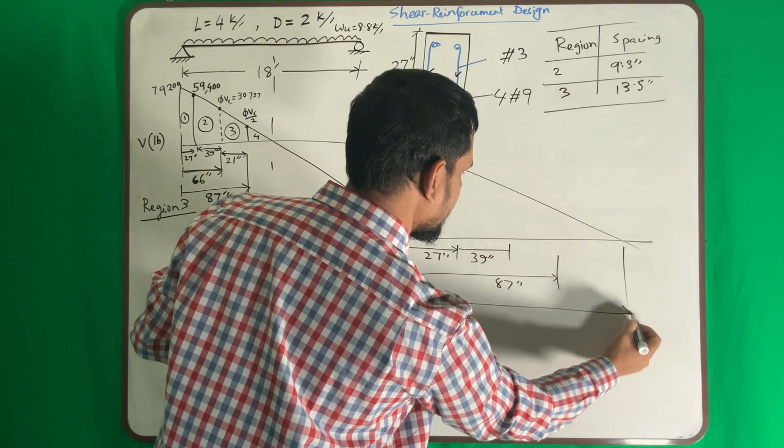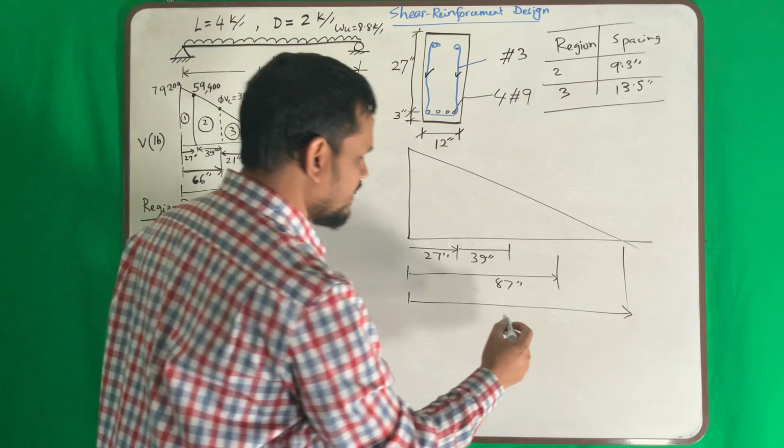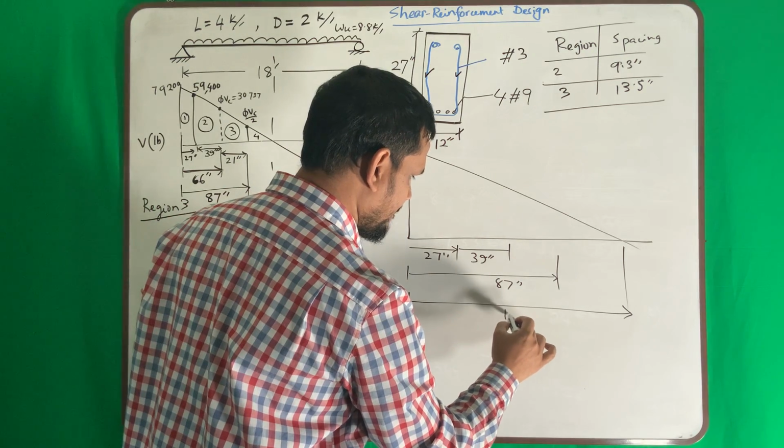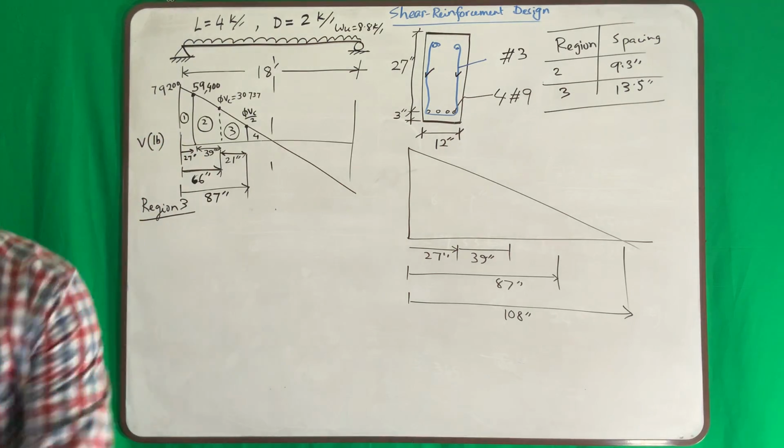What is here to here is 9 feet, half of this, and 9 feet, that means 108 inch.